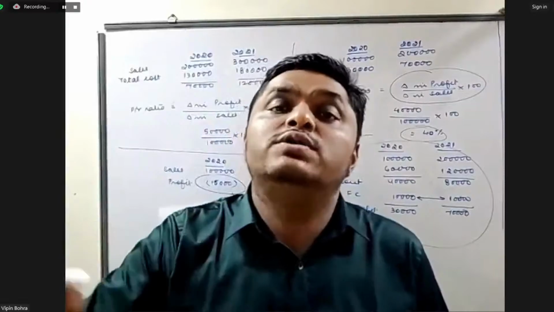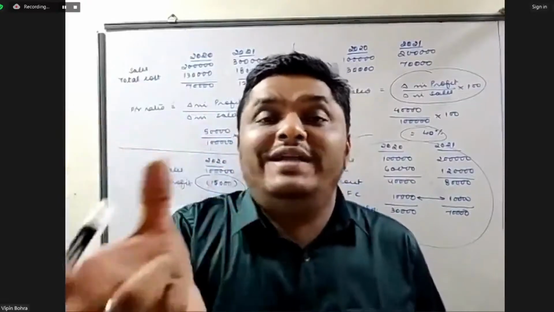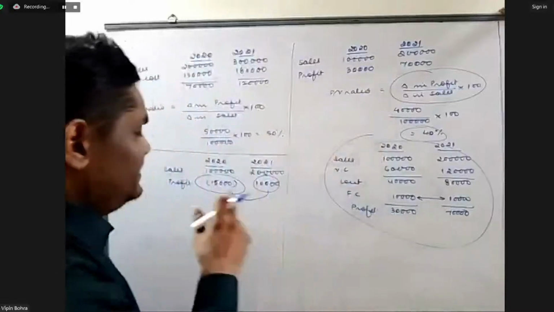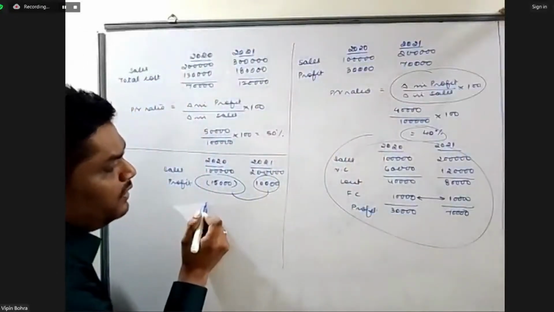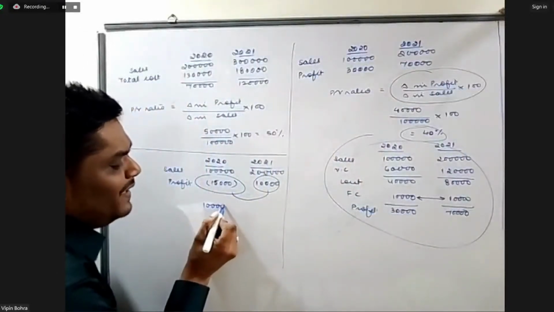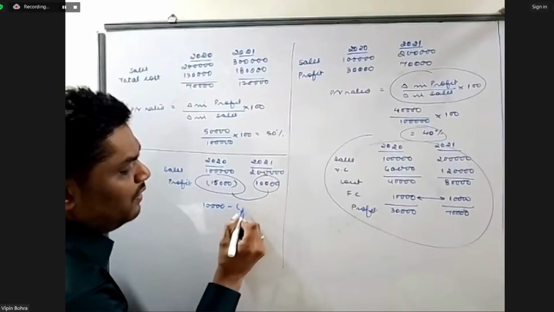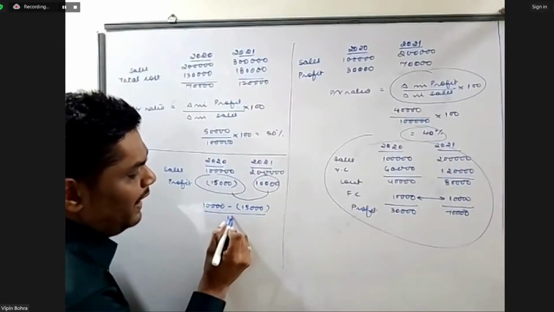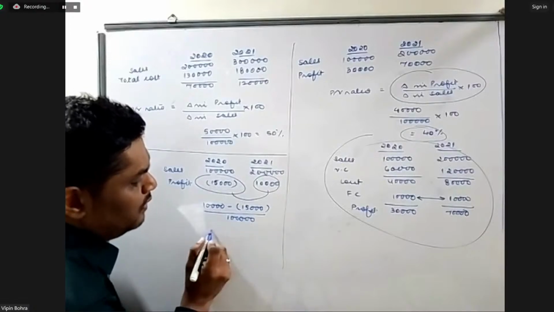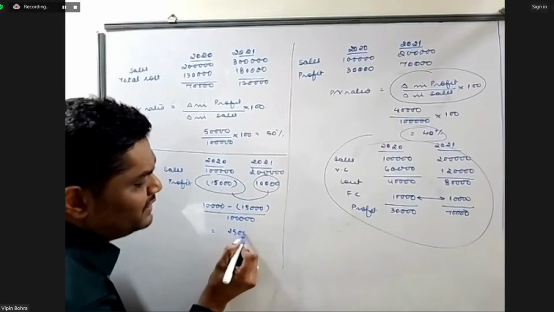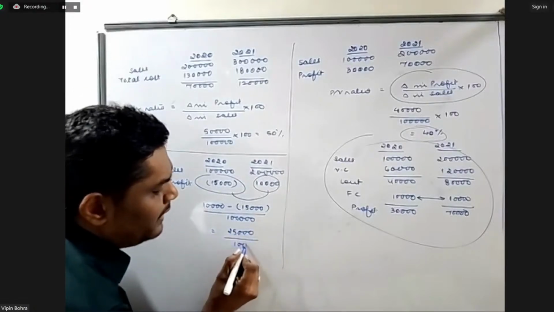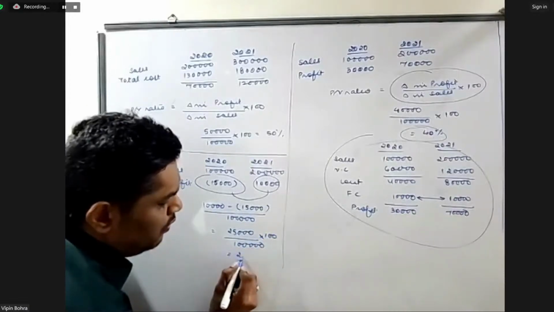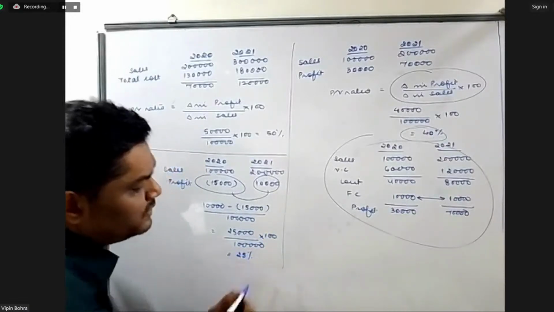It went from minus 15,000 to zero and from zero to 10,000. So what is the change between year one and year two? That is 10,000, my year two, minus minus 15,000, which is 25,000, divided by 1 lakh into 100. So this will be 25%.